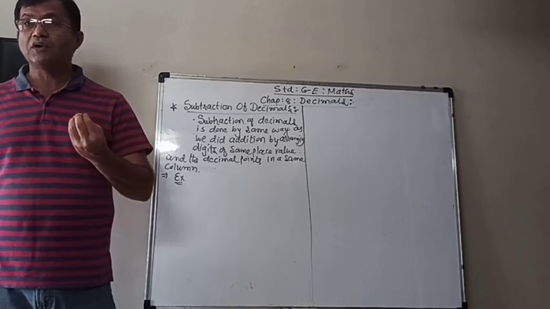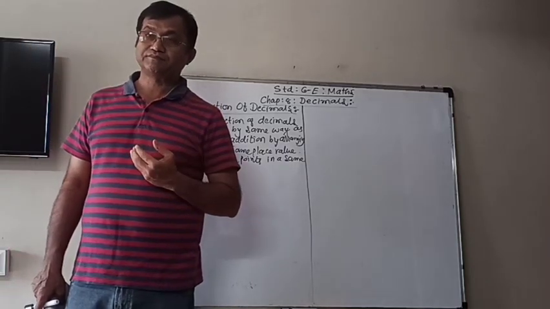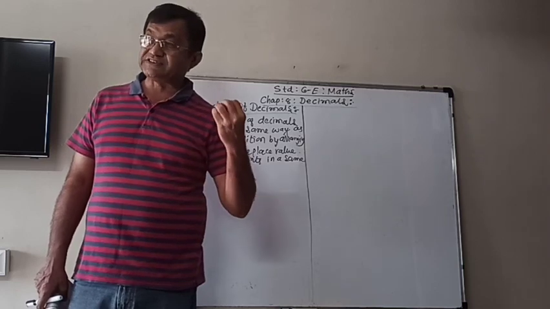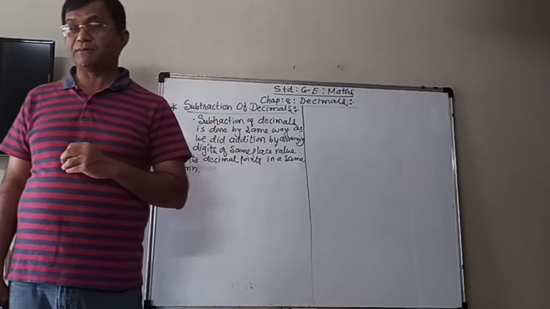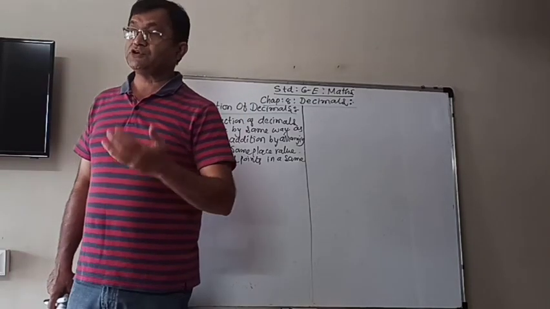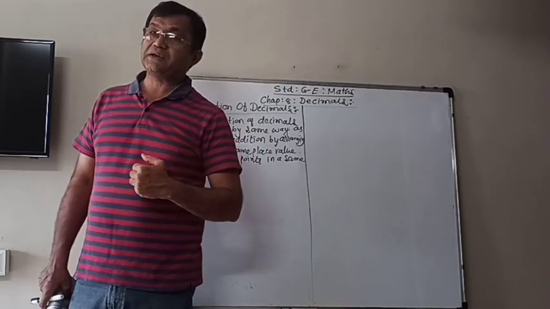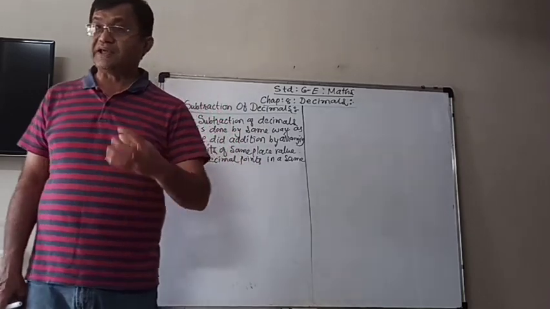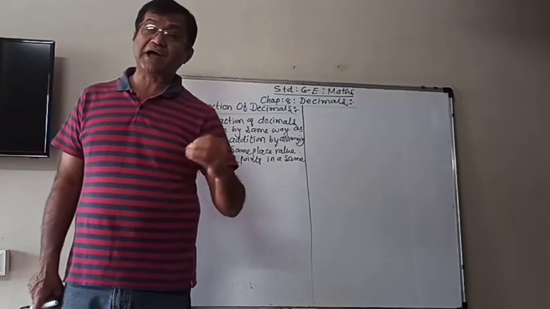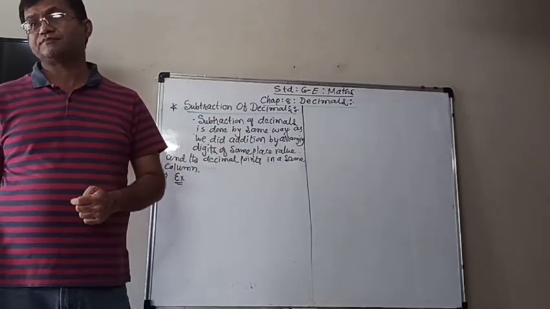So you should know how much money we must get back. And that is only possible when you know the subtraction of decimal numbers. Or if you have some money and you spend some, then what money is left with you? In this whole situation, we need to know how to subtract decimal numbers.